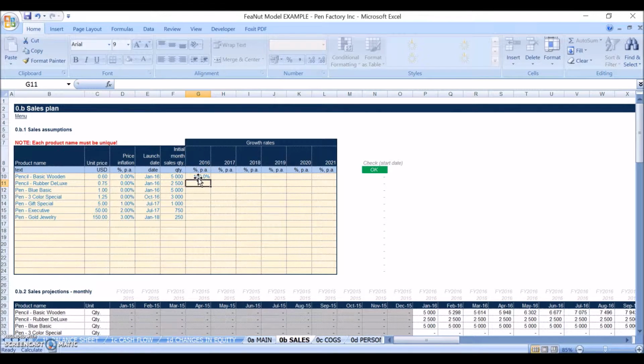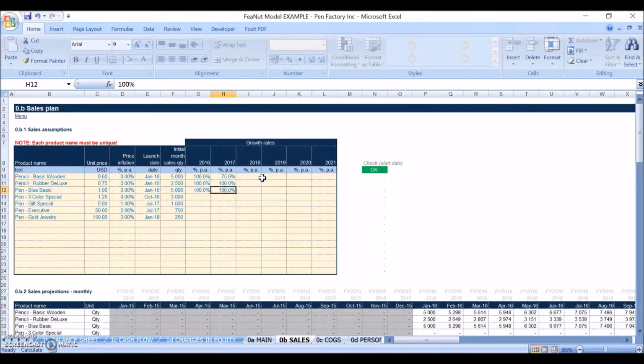So let's put that in. And let's actually use the same growth rate for the other basic products. And then just put in some percentages for the next years.